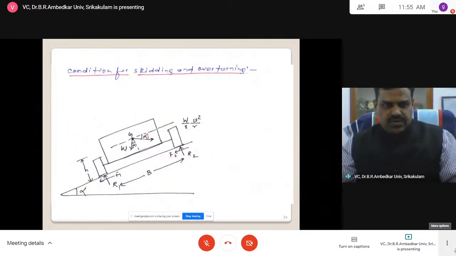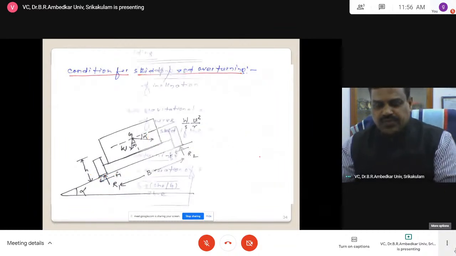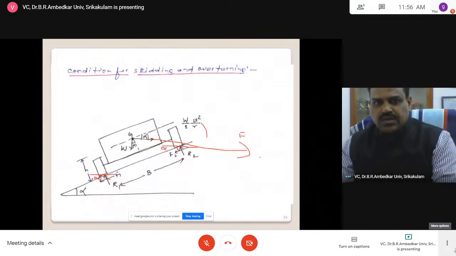This alpha, if you resolve along this axis, F1 here, this is also alpha. If you resolve along this axis, you will get the effect of alpha.